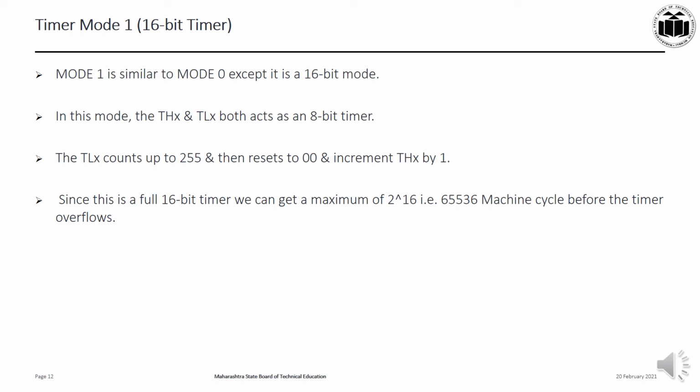In this mode, TH0 or TH1 and TL0 or TL1 both act as 8-bit timers. TL0 or 1 counts up to 255 and then resets to 00 and increments TH0 or 1 by 1. Since this is a full 16-bit timer, we can get a maximum of 2 raised to 16, that is 65536 machine cycles before the timer overflows.